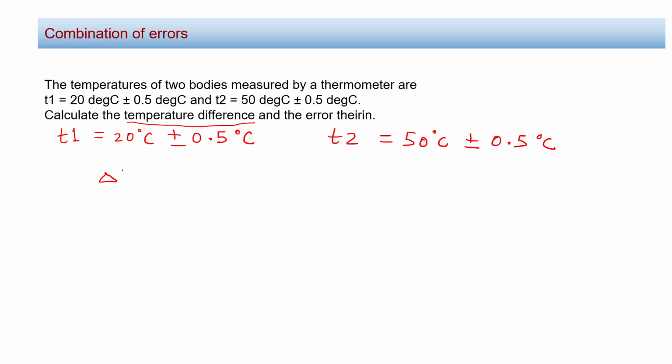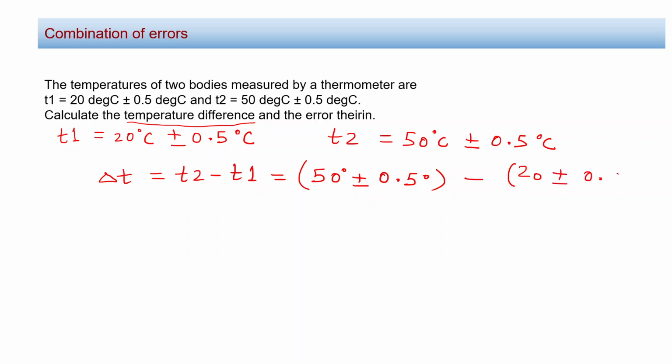Now we have to calculate the temperature difference between T1 and T2. So the temperature difference, let's denote delta T, will be T2 minus T1, which is 50 plus minus 0.5 degrees minus 20 plus minus 0.5.